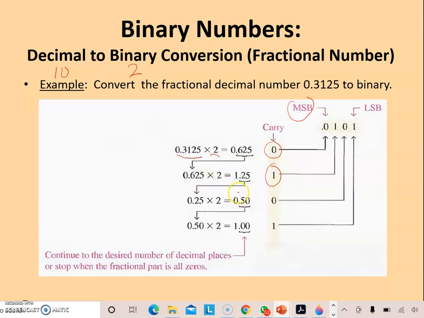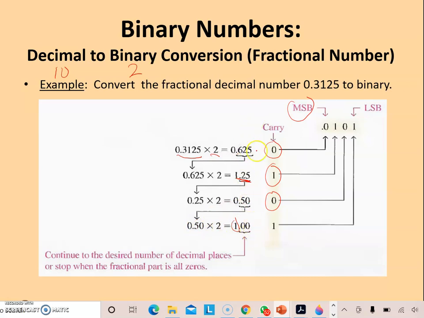Then for the next one, you see 0.25, because you already took the 1. 0.25 times 2, you get 0.5, so the carry will be 0, and then 0.5 times 2, you finally have 1.